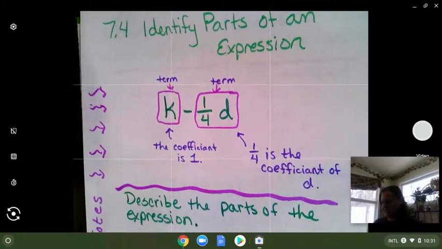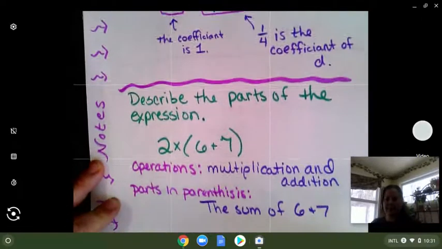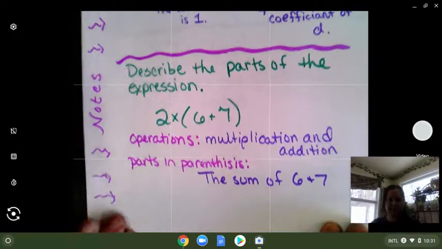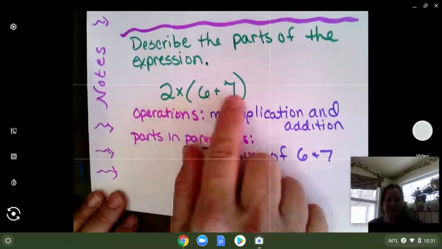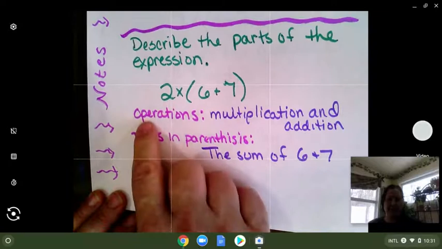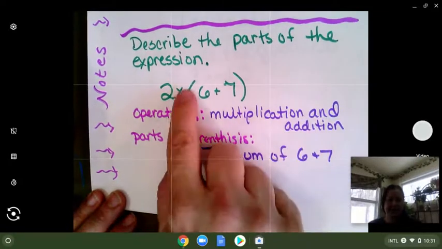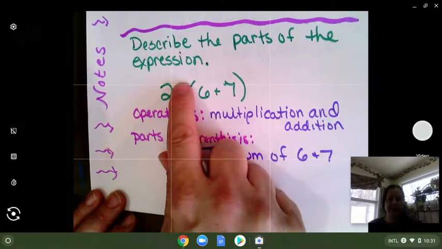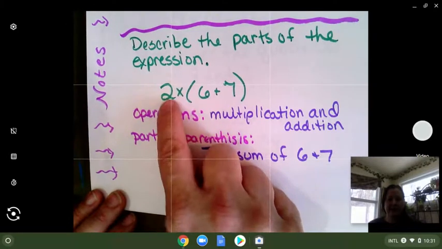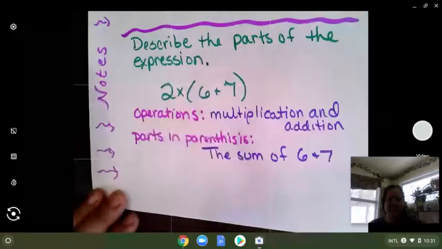All right, so this is how we describe the parts of an expression. Here we have an expression, and we're going to describe all the parts. The operations in this expression are multiplication and addition. Remember, you don't need that multiplication sign there, because whenever you have a number right in front of the parentheses, that means to multiply.